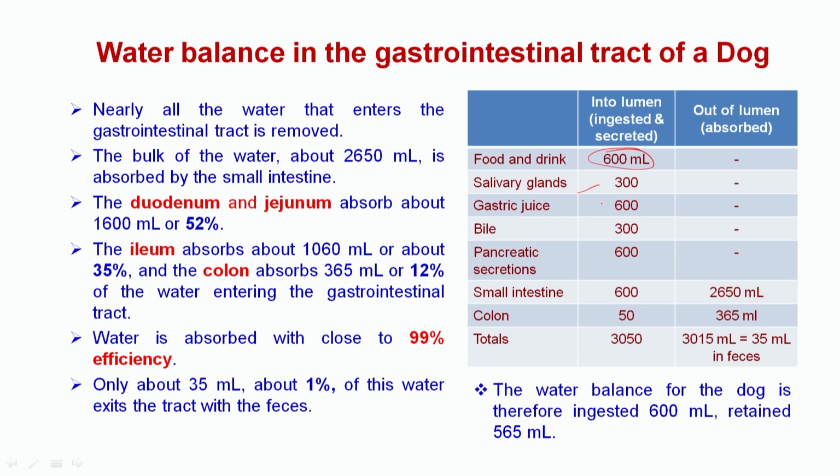Salivary gland secretion 300 ml, gastric juice 600 ml, like this bile, and all together the water is around 3050 ml, and around 3015 ml is absorbed, and only 35 ml of the water is excreted in the feces. So that means only about 1% of the water exits the tract with the feces.